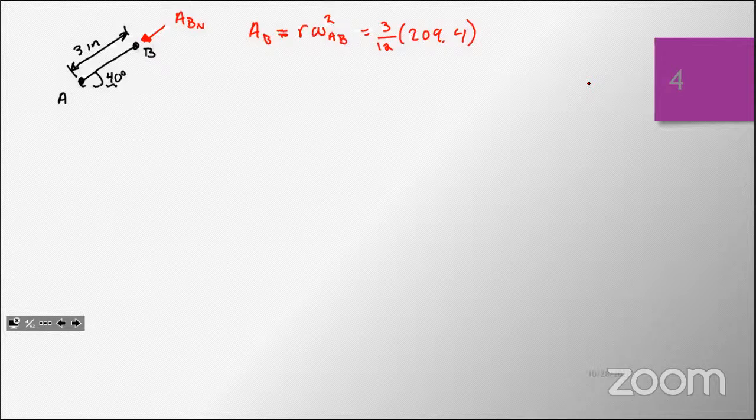That comes from that derivation where we had R cross omega from a couple of weeks ago. So this will give me an acceleration. Oops, sorry, can't read my own writing. 10,962 feet per second squared. Right?